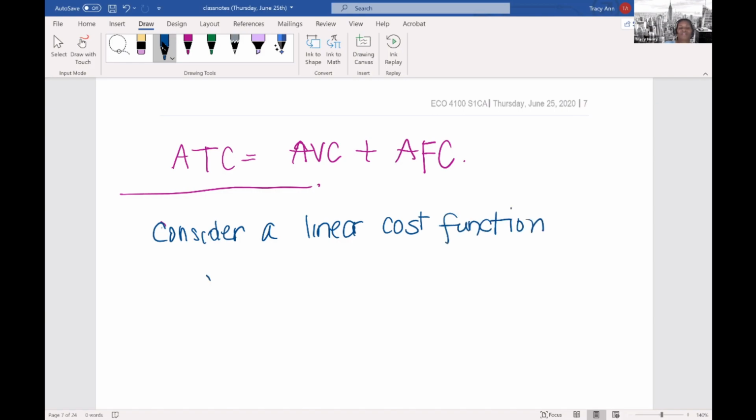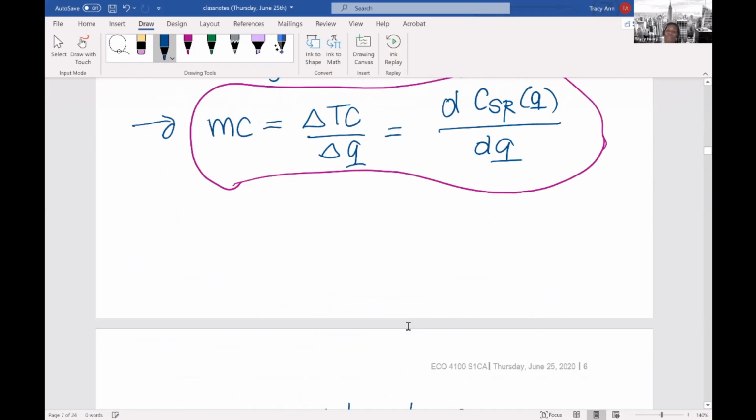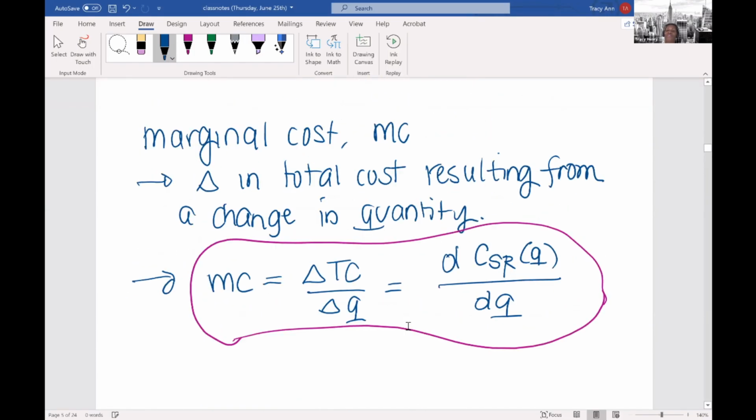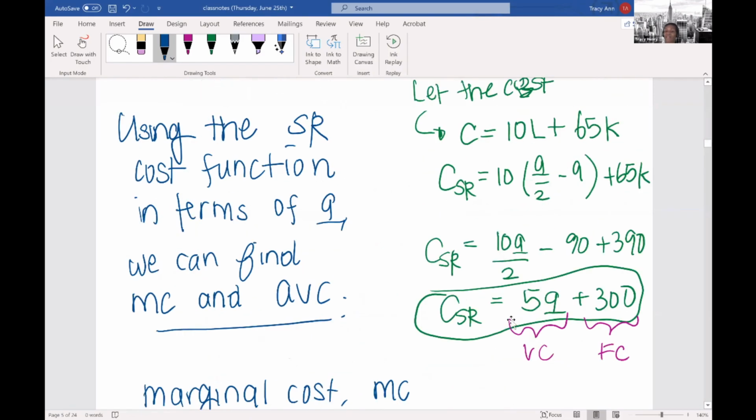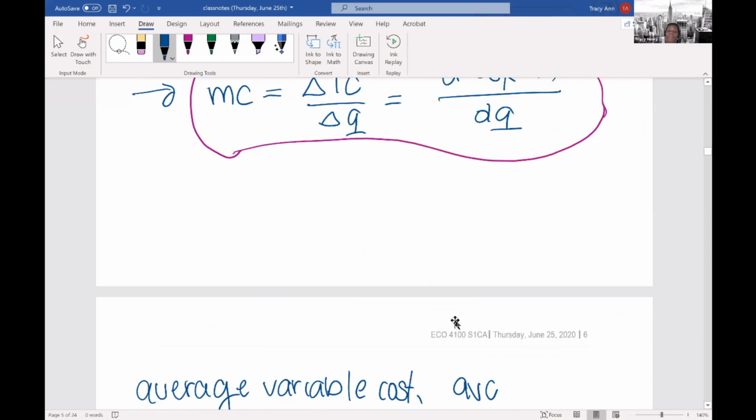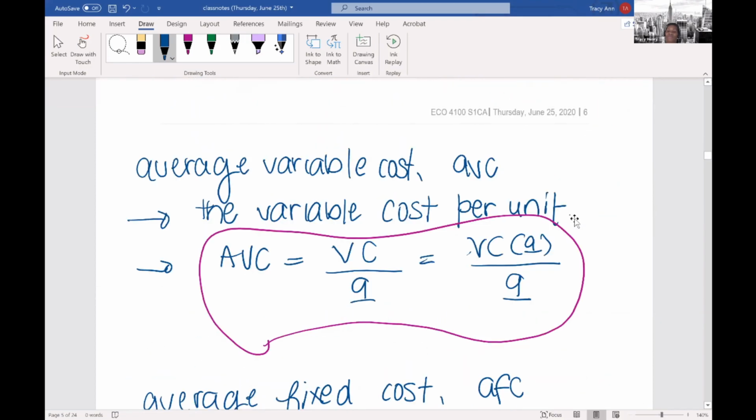And just for completeness, let's use the cost function we have from the example, so that when you're looking back on the notes, you'll have something to follow. So we're going to use this cost function that we had in green here, where the cost function is equal to 5q plus 300, and that's the cost function that we're going to use for our linear cost function.